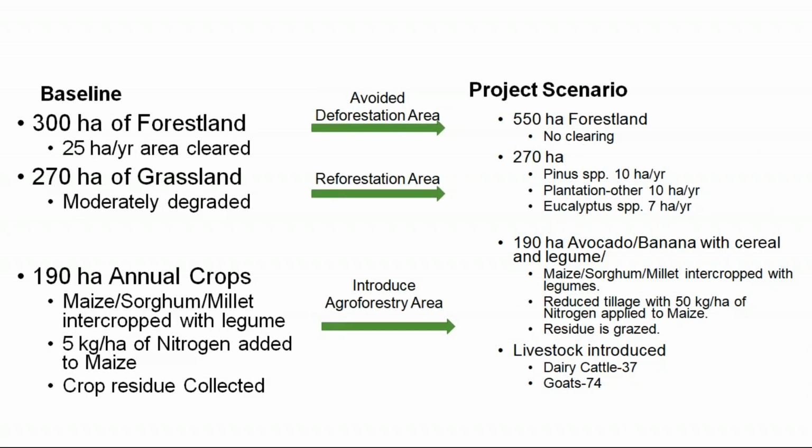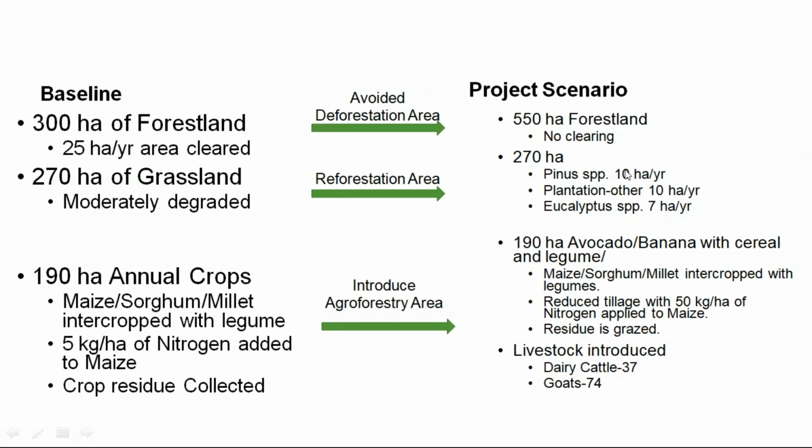Okay, so this is just again a summary. It might be useful to have a look at this when you're doing the exercise. 300 hectares of forest land under our baseline scenario is all that's left at the end of our 10 years because it's being cleared at a rate of 25 hectares per year. 270 hectares of grassland which is degraded, and 190 hectares of traditionally managed annual cropland.